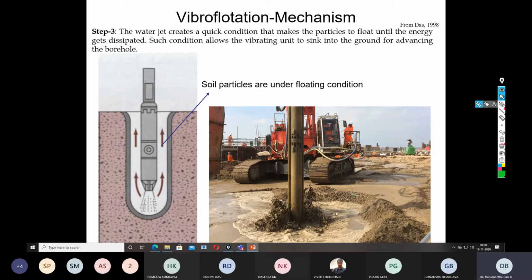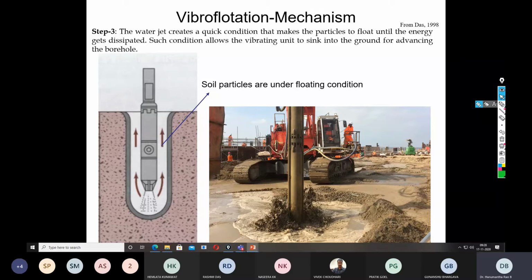As we can see from this right side picture, there is a bubbling out of the soil mass from the borehole. This bubbling out is because of the application of the vibration. Here the vibration is used in the lateral direction, not in the vertical direction.